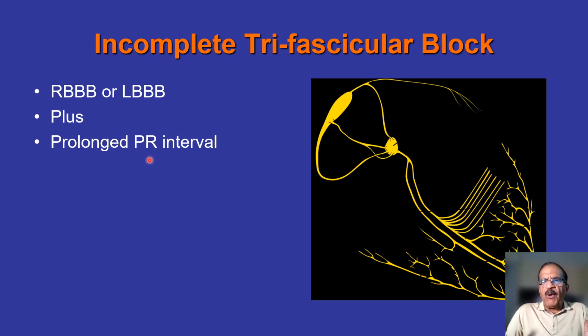There are actually other possibilities also. Theoretically, it is possible that one has right or left bundle branch block plus additional AV nodal, first degree AV nodal block. But it is also compatible with incomplete trifascicular block. That means trifascicular block means two fascicles are completely blocked, the third one is weak. Current is passing through the third fascicle but slowly.